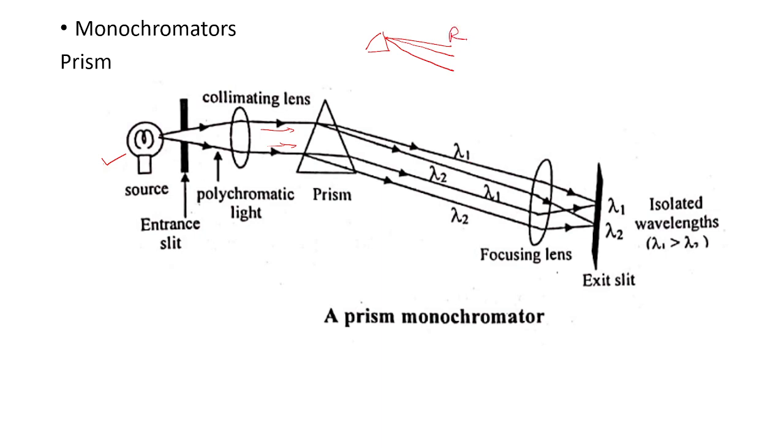For this it may be red, and here it may be blue, like your VIBGYOR spectrum: violet, indigo, blue, green, yellow, orange, red. So starting from red it will go to violet.